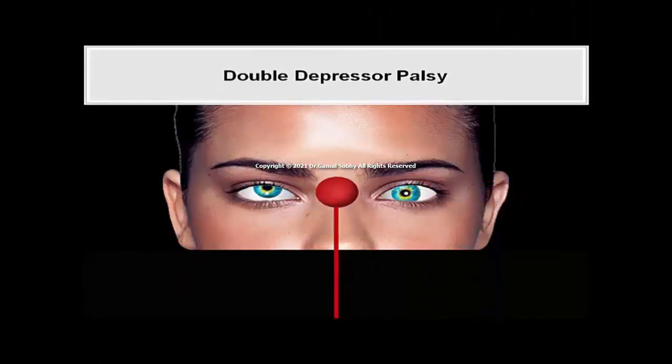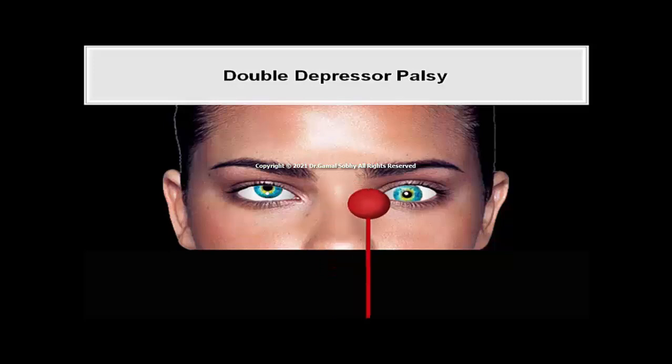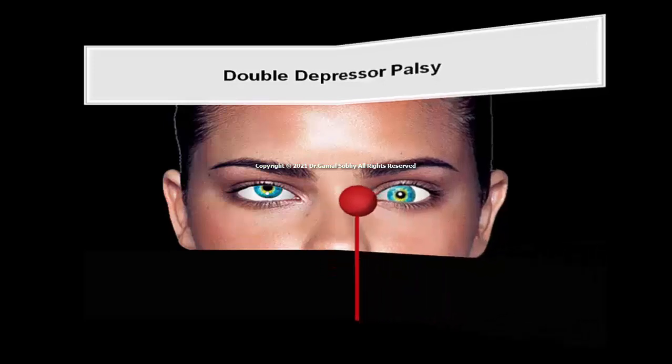Double depressor paralysis is paralysis of both depressor muscles of one eye, the inferior rectus and the superior oblique. When the non-paralytic eye is fixating, the paralytic eye is hypertropic in primary position. Ductions are restricted in the entire lower field of gaze and normal in all other gaze positions.